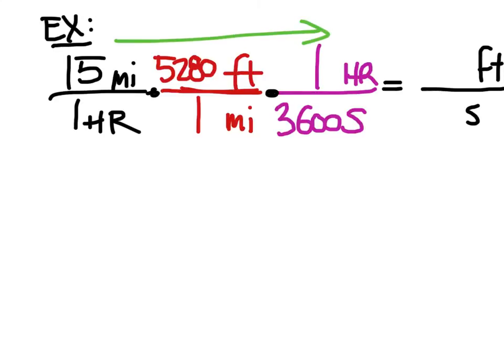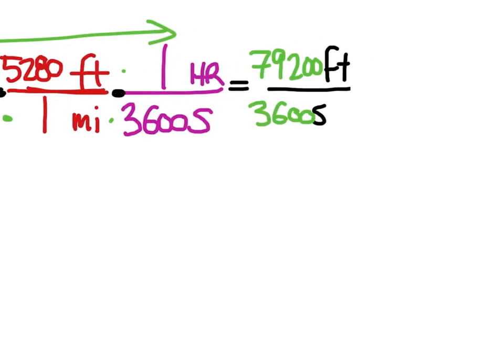So 15 times 5,280 times 1 equals 79,200. And then you can do the same thing on the bottom. 1 hour times 1 mile times 3,600 seconds is 3,600. Now this isn't finished. You do have to divide these two numbers.